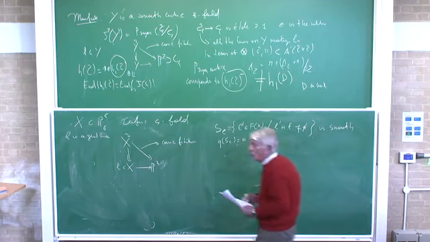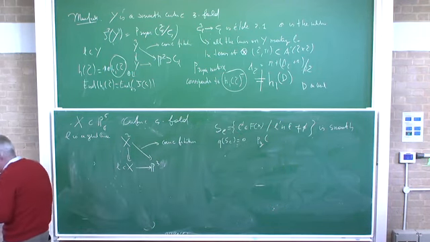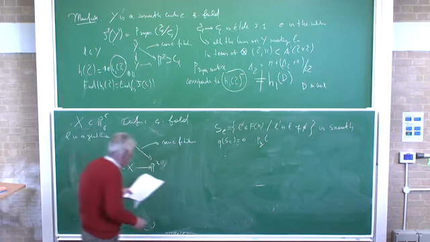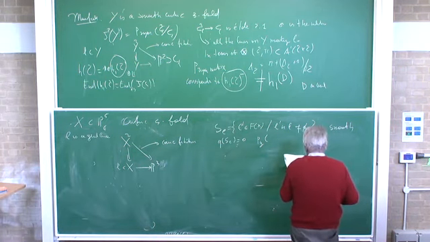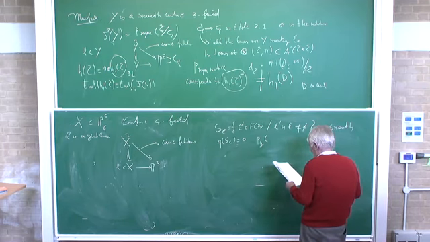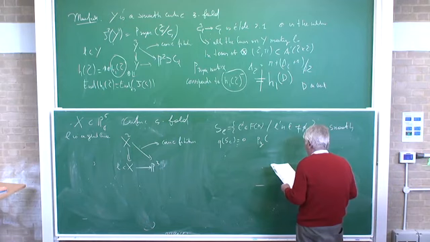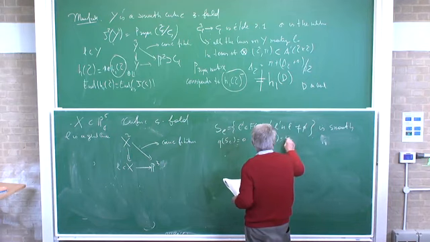In the general situation it is smooth, of course, and the geometric genus of S_L, p_g of S_L, is 5.